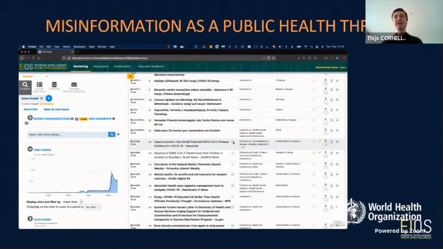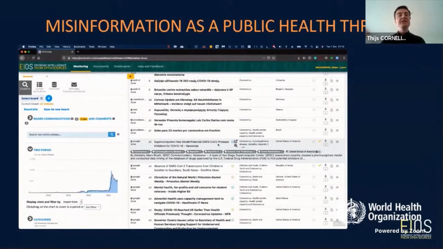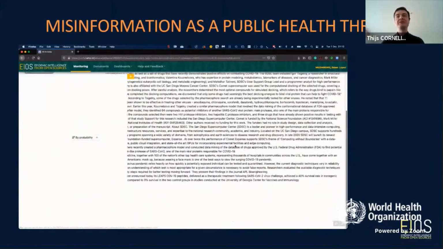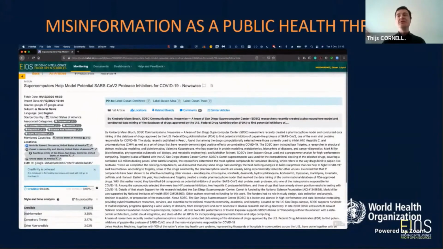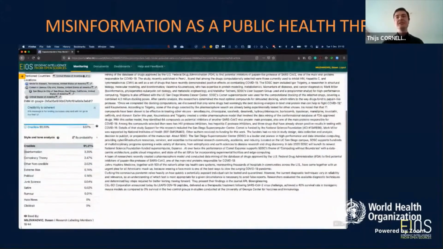We have about 10 classes in total, like misinformation, propaganda, hate news. This way we hope to help the user by being able to filter out this disinformation in the first place from their analysis. But another use case we have for this is that the user is then able to follow the spread of this misinformation over time and detect outbreaks of misinformation.